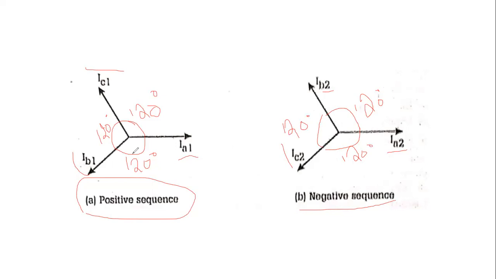In the positive sequence, A to B is 120 degrees, B to C is also 120, and C to A is also 120. This is IA1, IB1, IC1, and this is the negative sequence, which we denote as IA2, IB2, IC2.